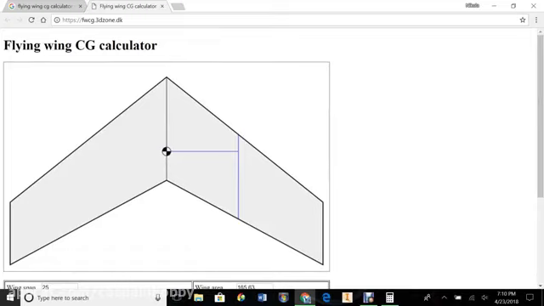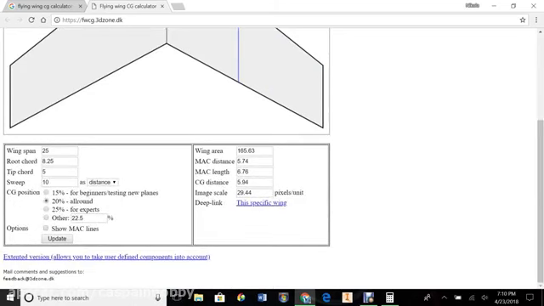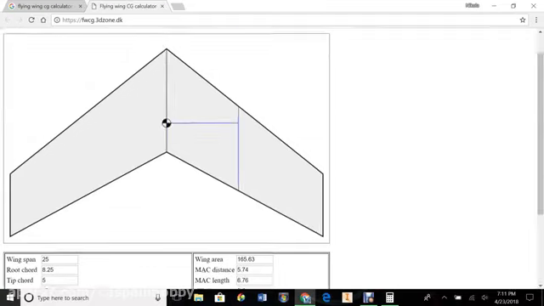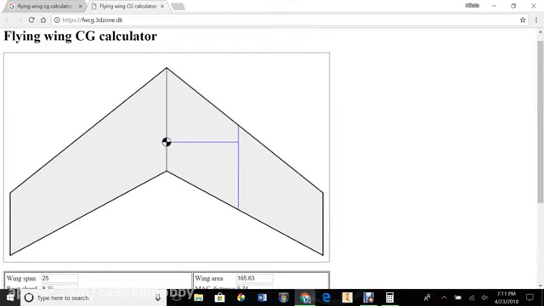So I'll put the link of this in the description, and sooner or later I'll get a wing out, because the KFM wing flew okay, but it just wasn't that fun, honestly. I kind of crashed it at the end, so I gotta build a bigger wing.